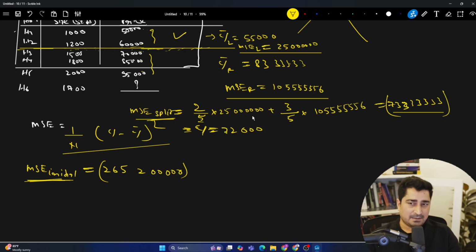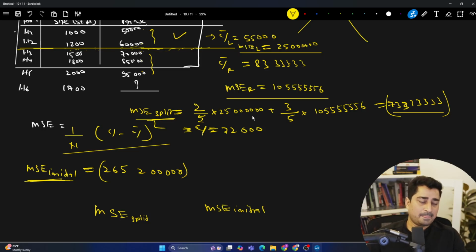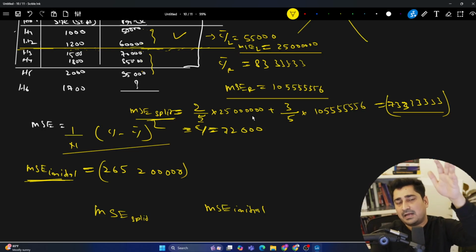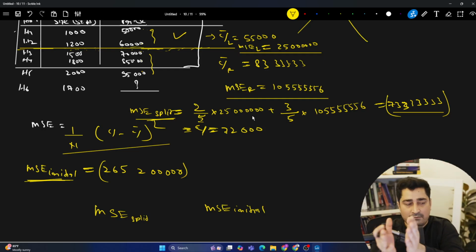Which one is small? Is the MSE for the split small, or is the initial MSE small? Initially I calculated the mean squared error, and then I split the data, and then I calculated the overall mean squared error. Which one is small?